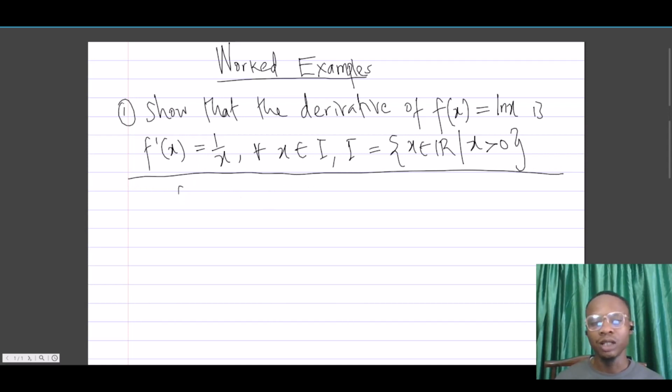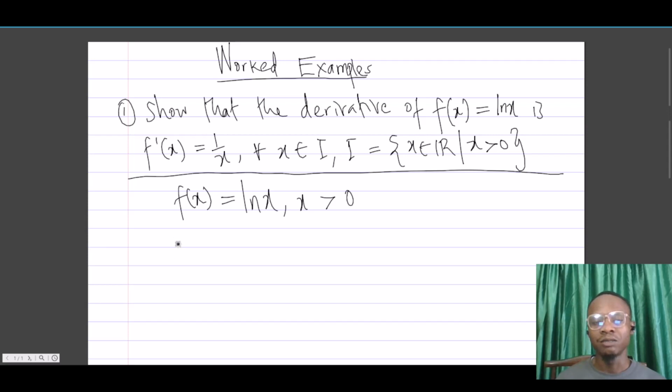Firstly, we identify our function. Our function is defined by f of x equals ln x, or if you like log x to base e, and the domain of this function is defined for when x is greater than 0, as we have it here. So we want to find out what its derivative will be, which will be applicable to this domain. Now let's examine how that works.